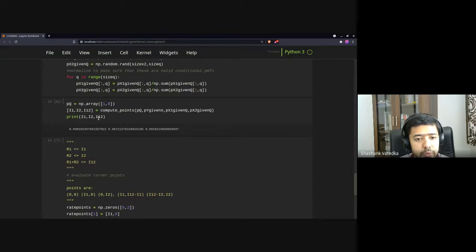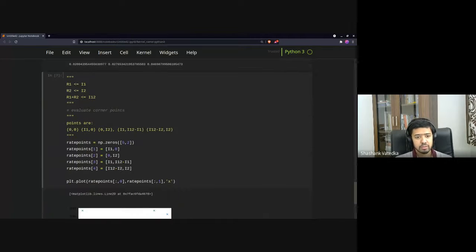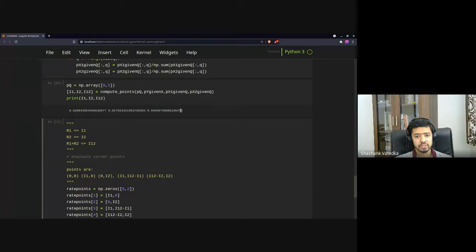So I'm going to keep it like this, and I'm going to change this to 0, comma 1. I'm just going to change the px1 given q and px2 given q, and I will compute this. I get some other set of values for I1, I2, and I12.